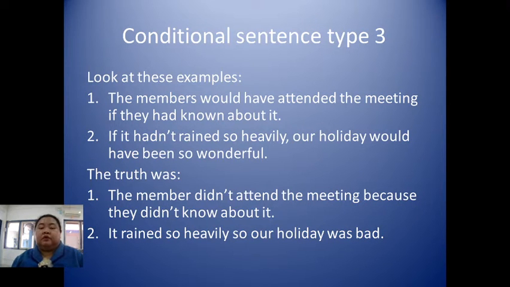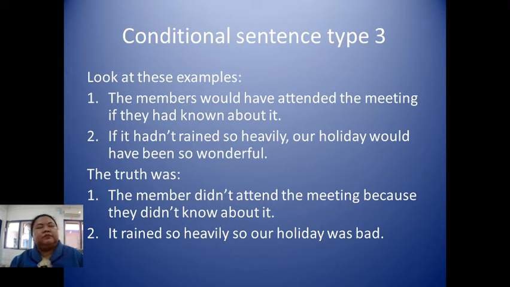So the truth was, the members didn't attend the meeting because they didn't know about it. Yeah, it seems that I mistyped the S over there. Sorry. In here we know that instead of don't, I use didn't because now we are talking about the past. So we are imagining things about the past instead of the present.